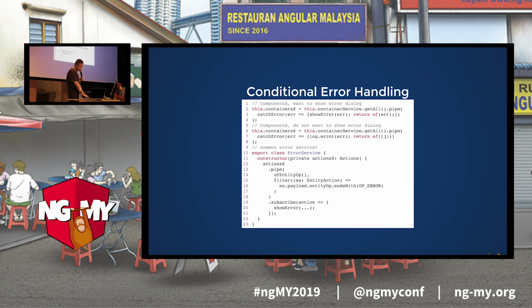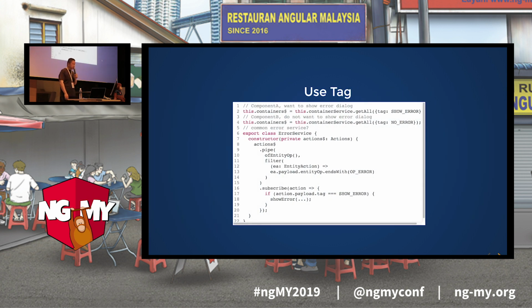And fortunately, NgRx-data already considers such cases, and it has an optional parameter called tag. Basically, all the methods provided by the facade entity collection service have an optional tag parameter. You can define anything you want with this tag.